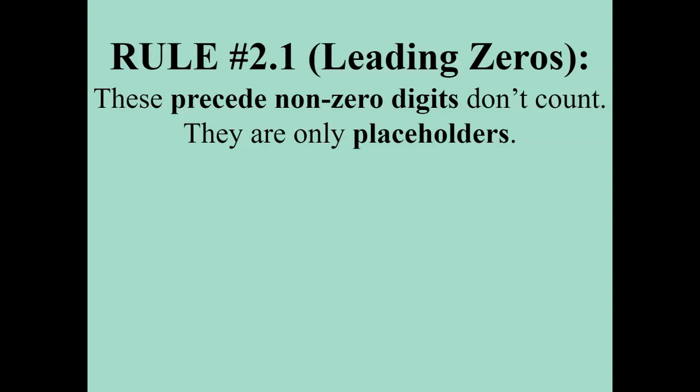And they don't count. They are placeholders. So if you have a leading 0, they are not counted as a significant figure. So let's take a look at an example. Here we have 0.0023. They're leading because they're leading up to the non-zero digits. So here, these zeros do not count, and there are 2 Sig Figs.